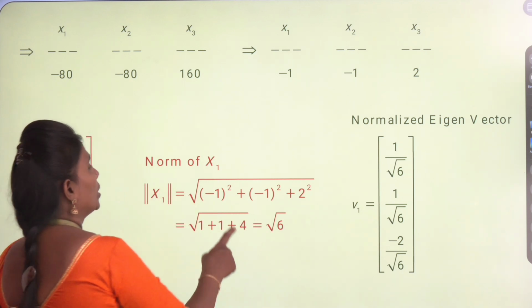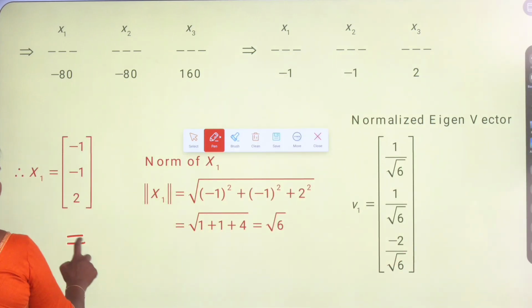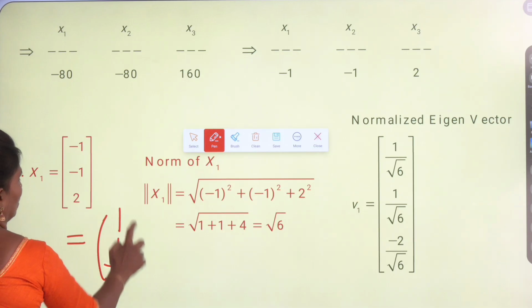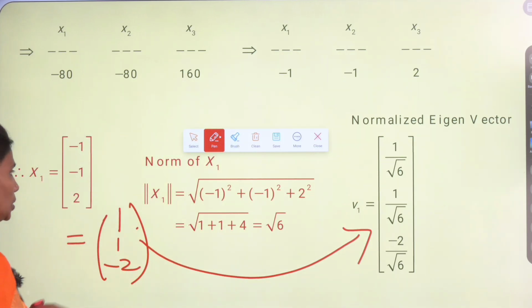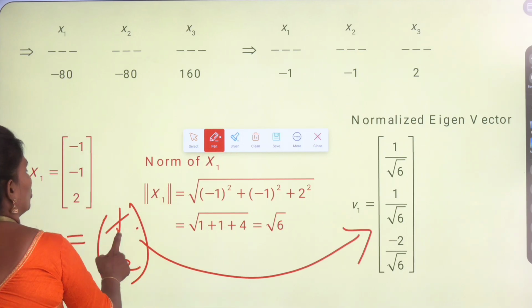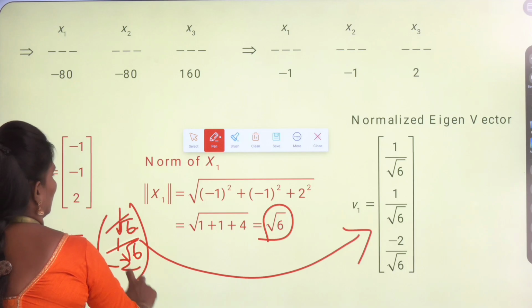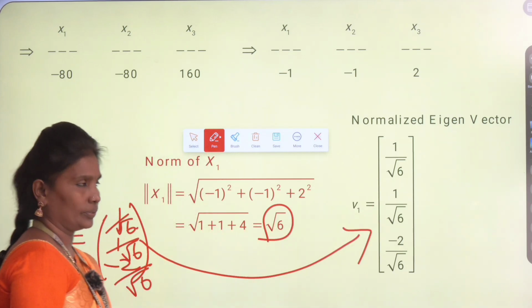Already I told you, the common minus sign is taken out, and it becomes similar here. To normalize the eigenvector, you divide the values by the norm value, which is root 6. That's enough.